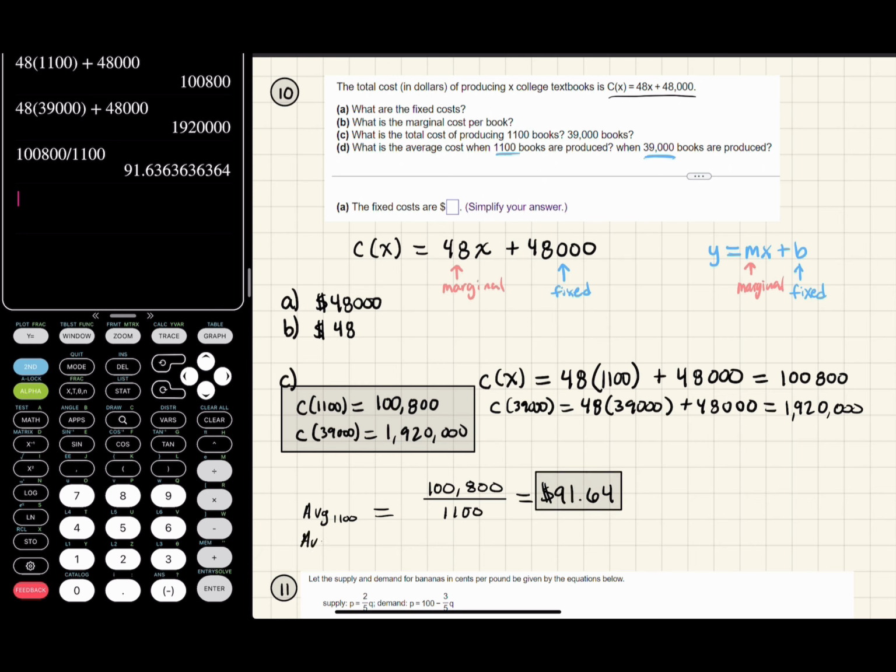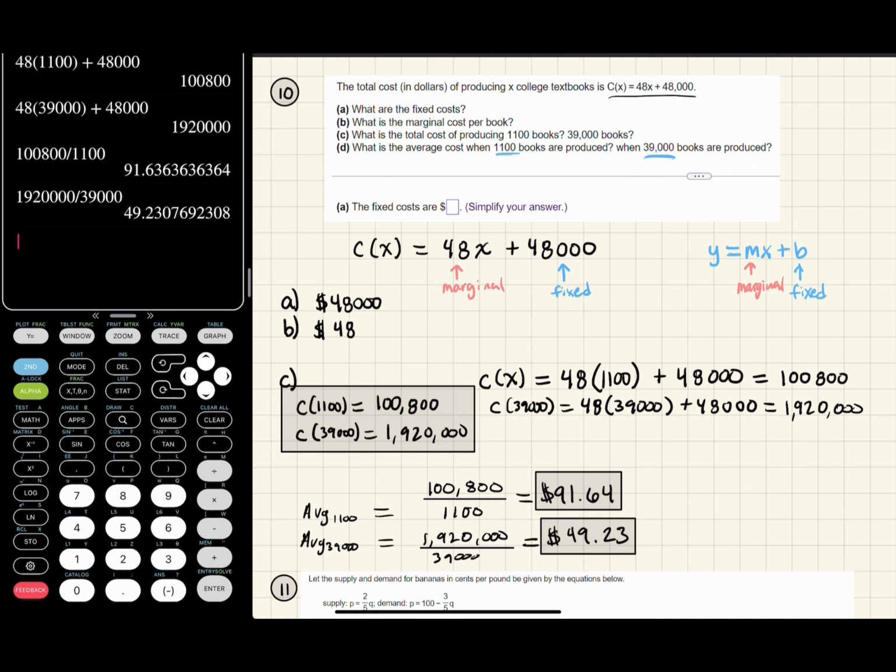And the average cost for 39,000 would be the total cost for 39,000 books over 39,000, an average cost of 49.23.